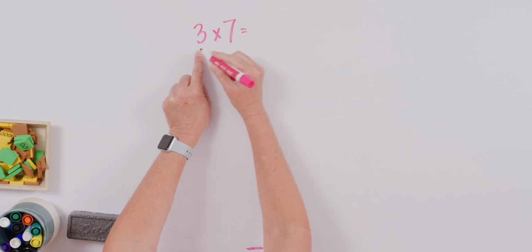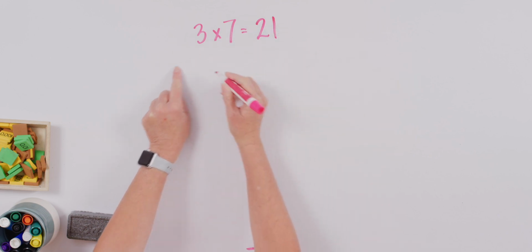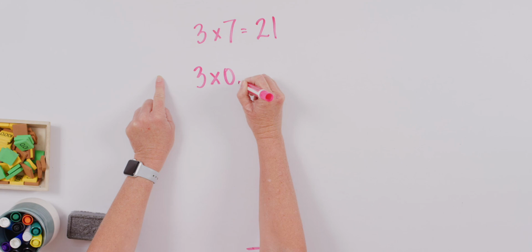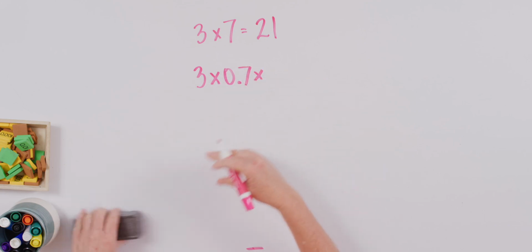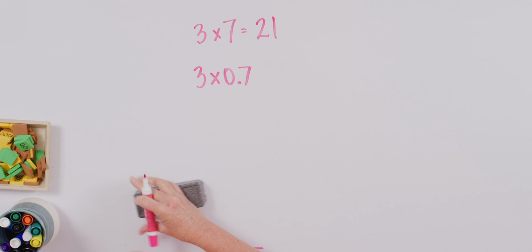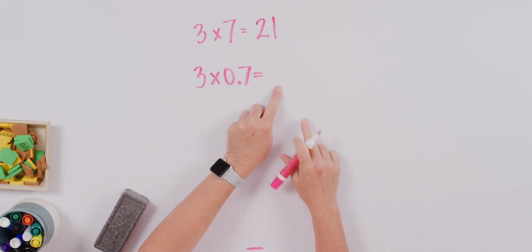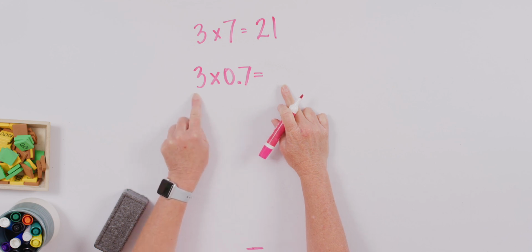Yeah, greater than, because we know 3 times 7 is 21, right? Okay, so now if I took my 3 and multiplied it by 7/10, I don't need a multiplication sign, I need an equal sign. Now, would my product be greater than or less than 3?